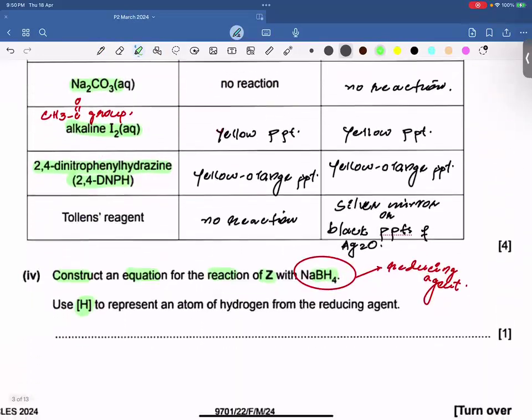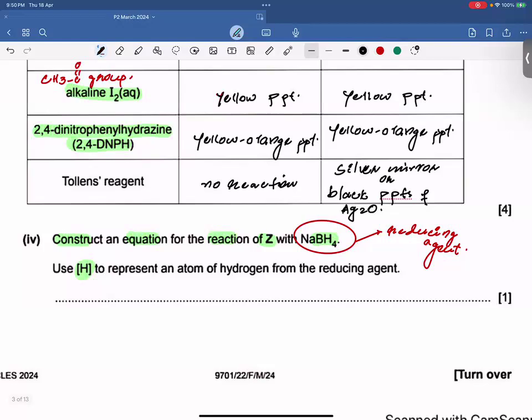Ethanal. So ethanal has a formula of CH3CHO. Treating it with nascent hydrogen, that is atomic hydrogen, your reducing agent, which is sodium borohydride. If you react an aldehyde with a reducing agent, according to the synthetic route in my lecture, it's going to be converted into a primary alcohol.